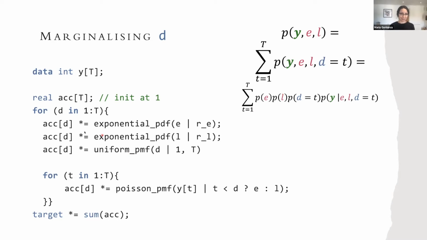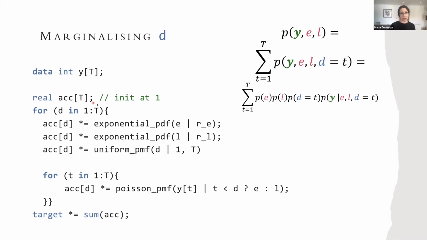Actually, here I've written it not in log space, just for simplicity of the code, but in the actual language this will all be plus equals rather than times equals, because it will be in log space.